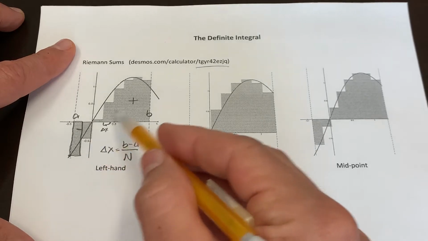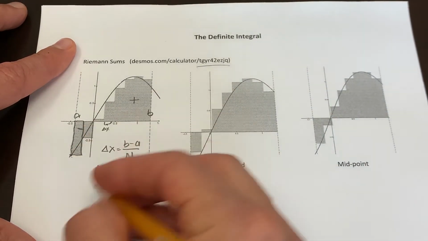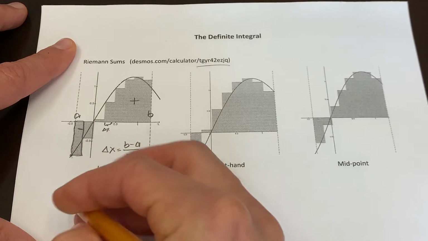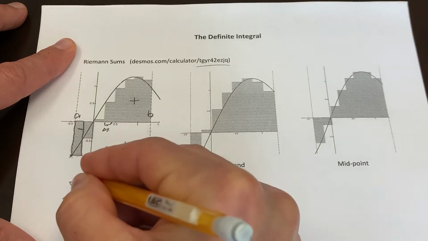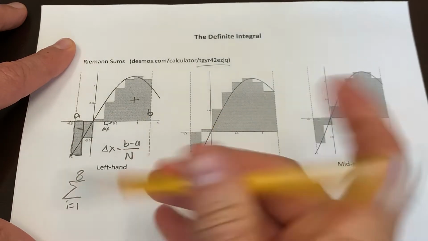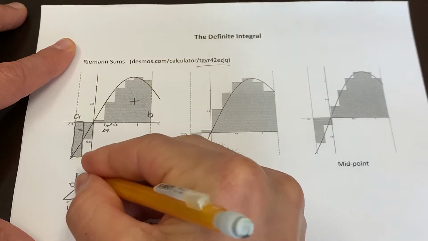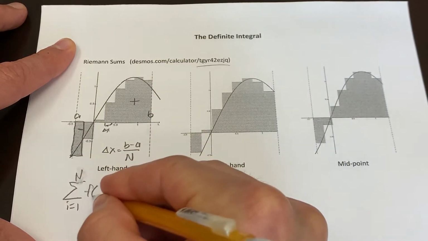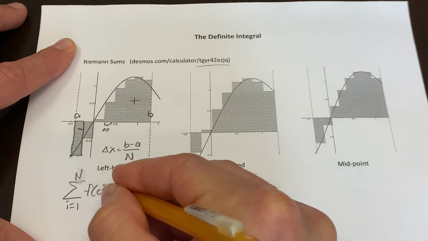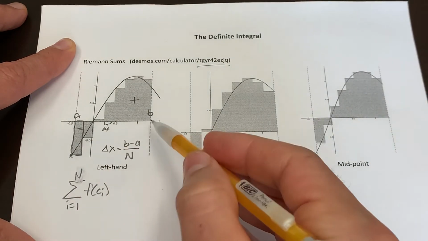So if you're going to approximate the areas of these boxes, what are you going to do? Well, you're going to sum, right? I'm going to use that sum notation. i equals 1 to 8, since I'm using 8 boxes here. In general, it might be sum i equals 1 to n, f of c_i. Well, what's c_i? The c_i is going to be in the ith interval.